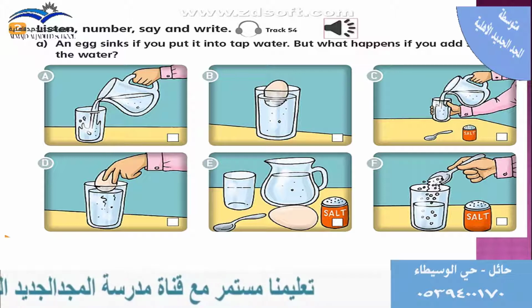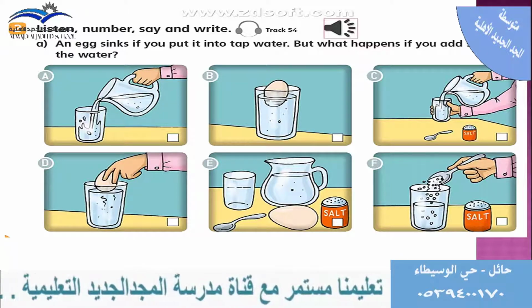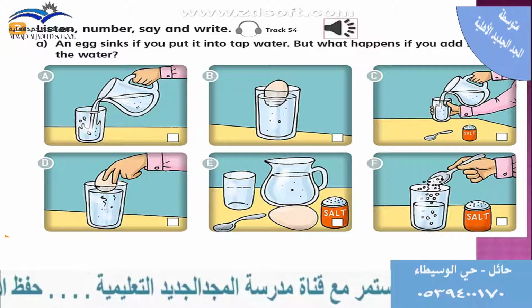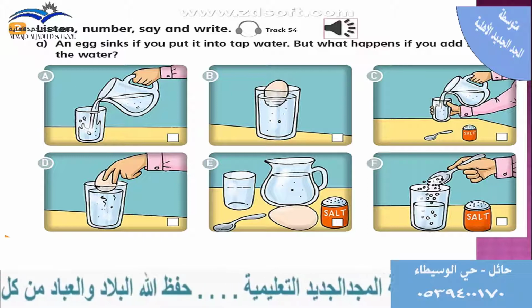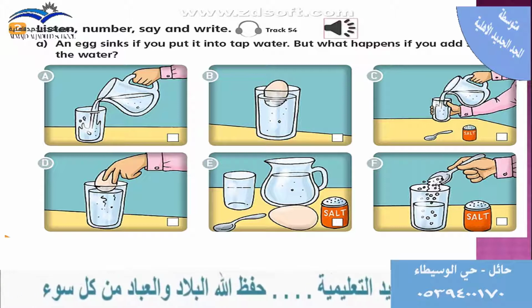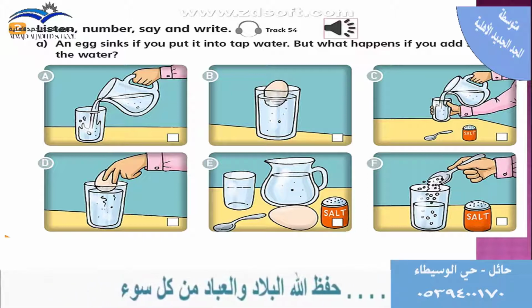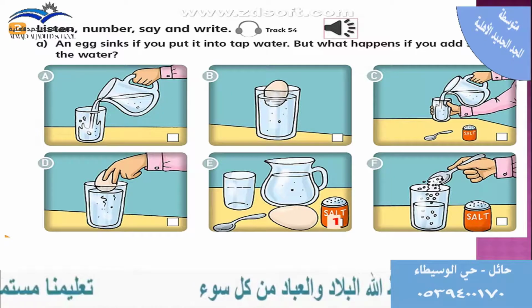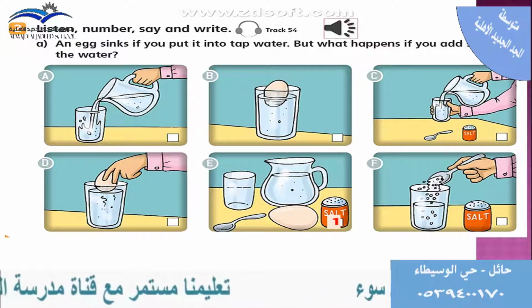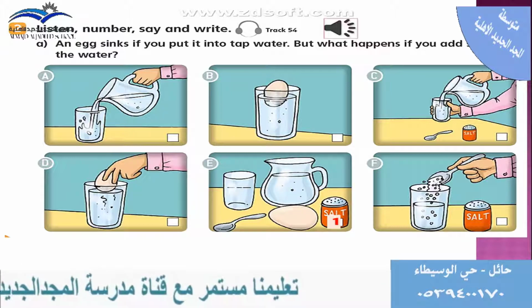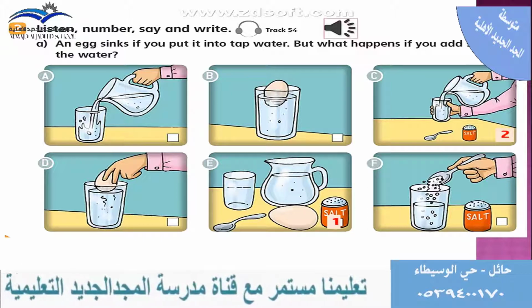Part 1. 1. To do this experiment, you need a tall glass, a fresh egg, tap water, salt, and a big spoon. 2. Get the glass and pour in tap water until the glass is half full. 3.